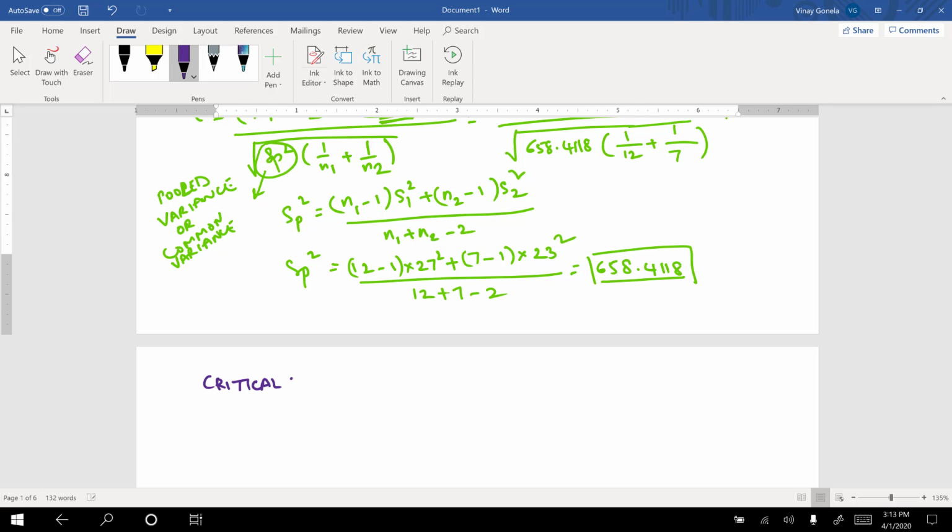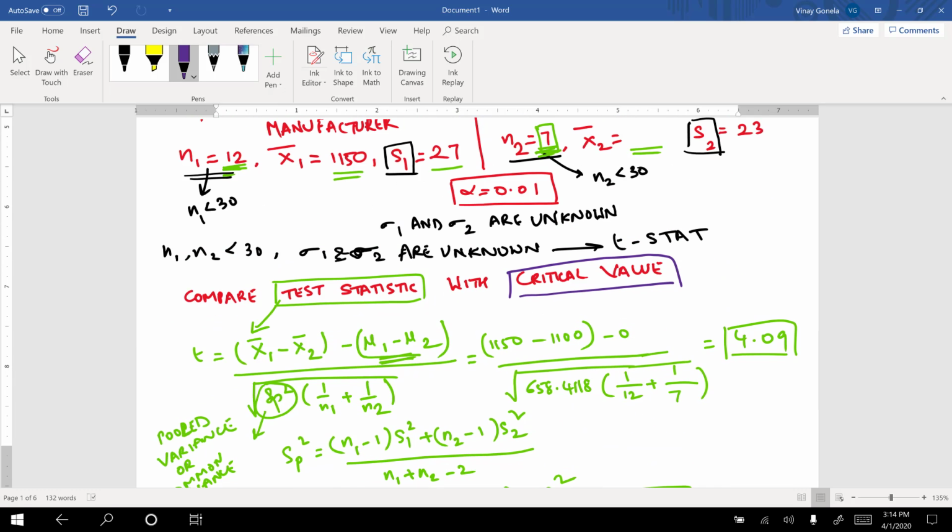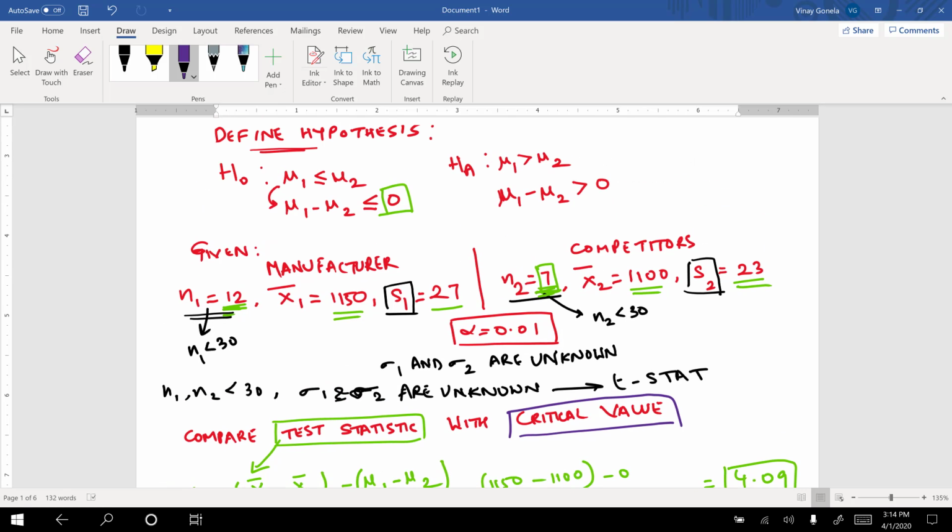To get the critical value, you have to determine whether this is a one-tail problem or a two-tail problem. Looking at our hypothesis, it is less than or equal to, so this is a one-tail problem, so we are looking at one side of a normal distribution curve.